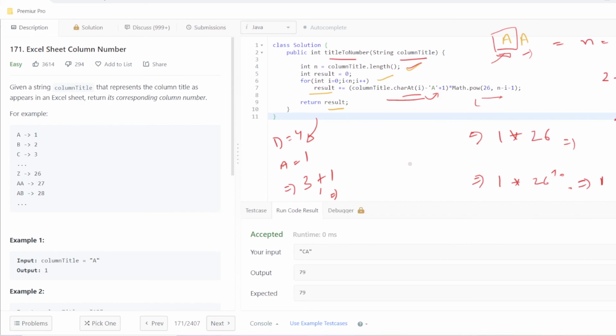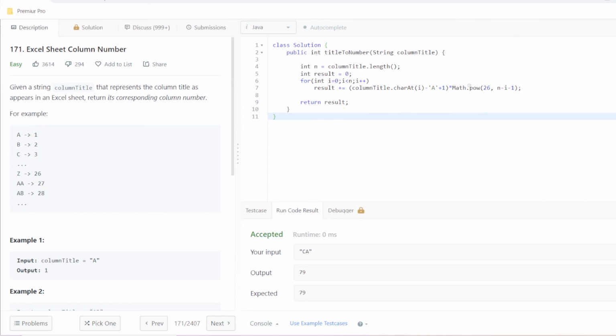So for this number initially it will be 1 into 26 into 26, that is 26 to the power 2, plus for this contribution it's 1 into 26 to the power 1, and for this it's 1 into 26 to the power 0.